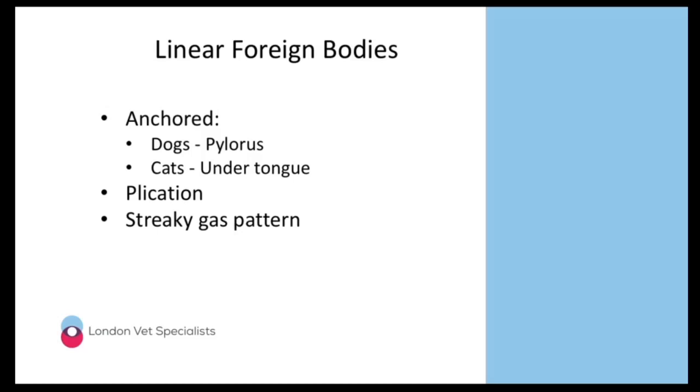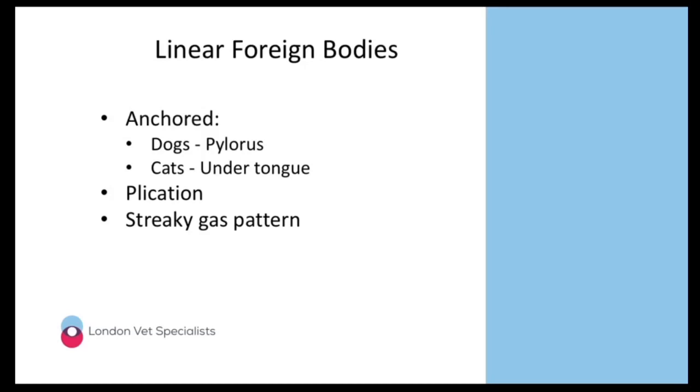So the other thing for us to talk about are linear foreign bodies. Linear foreign bodies tend to anchor in slightly different places in dogs and cats. In dogs, typically they will anchor at the pylorus and extend into the duodenum, whereas in cats, they tend to anchor underneath the tongue.